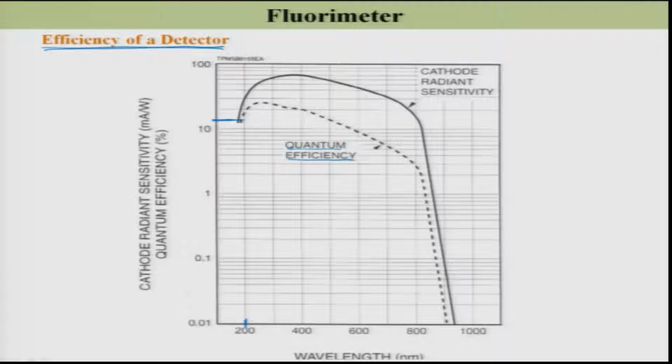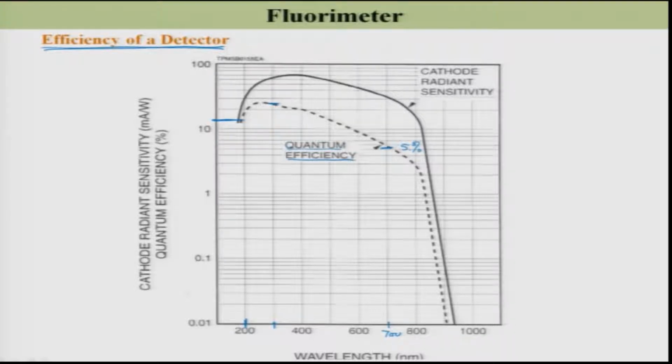However, at 300 nanometer the efficiency is about 30%, and at 700 nanometer the efficiency is down to a few percent, about 5%.